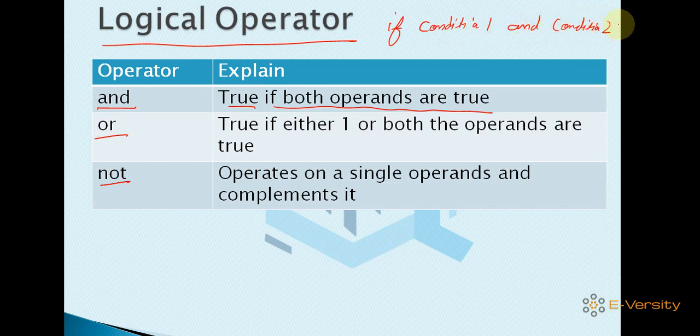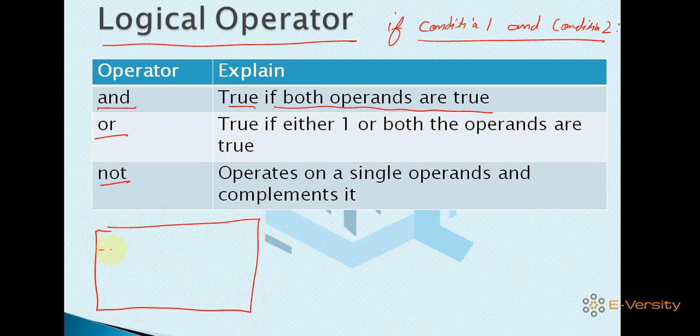Okay, so it basically creates a truth table between the two of them. The table of the AND operator is like this. Suppose we have two variables a and b, and this is the output: 0 0 0, 0 1 0, 1 0 0, 1 1 1. You can see 0 means false and 1 means true.